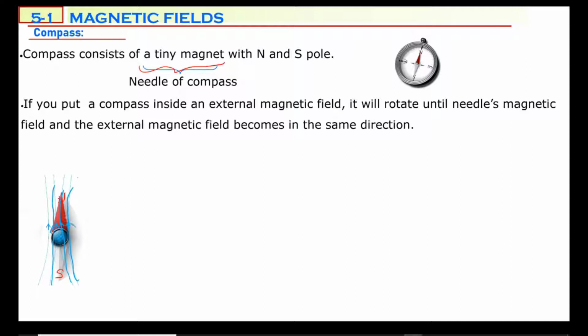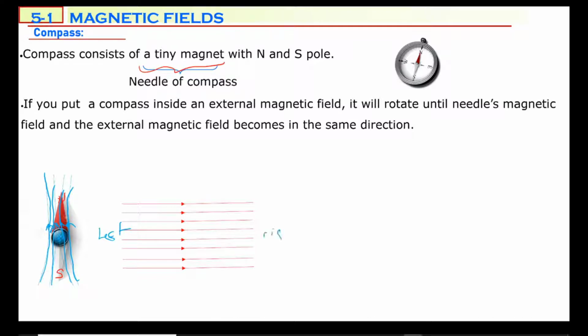What happens then if we put this compass inside a magnetic field? Now I am going to put this compass inside a magnetic field. I gave the direction of the magnetic field from left to right. What happens if I put this compass inside this magnetic field?